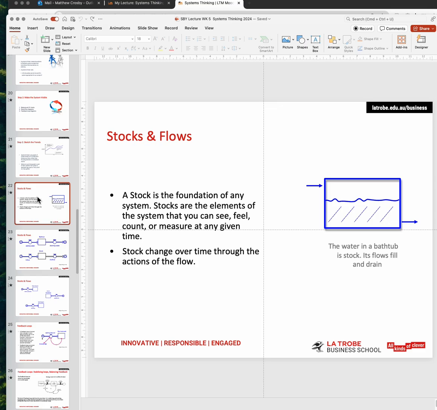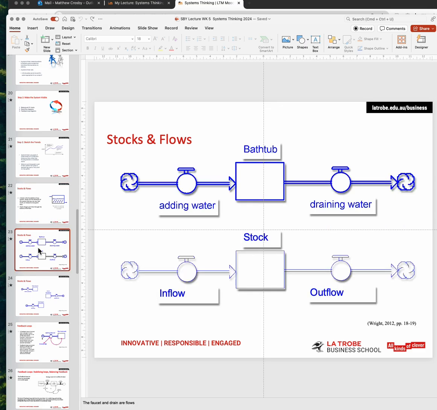It could be the amount of petrol that you use in your car. It could be the amount of cash that you have in your bank. It could be the number of clothes that you buy in a year. Anything you name, it can be a stock. And it can be a stock because it rises and it goes down, it decreases. So let's have a look at this.